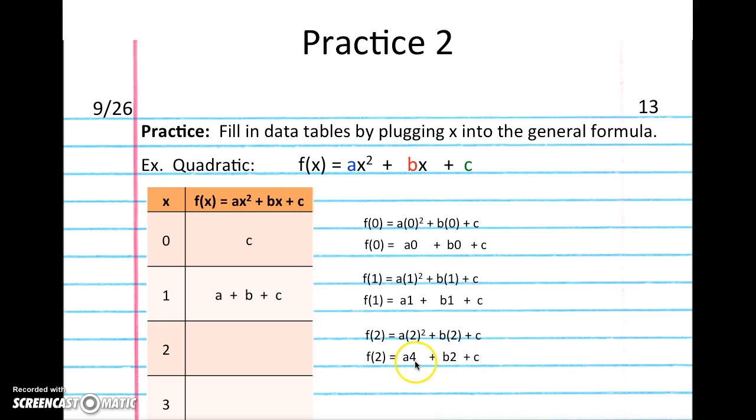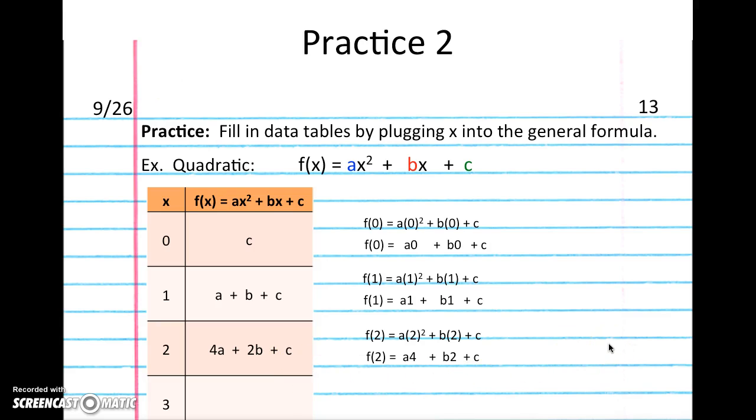Because they're just variables, we like to put the numerical values first. So this 4 is going to go in front of a, and the 2 is going to go in front of b. So I get 4a plus 2b plus c. This is just easier for our eyes. The expressions a times 4 plus b times 2 plus c and 4a plus 2b plus c are the same thing.